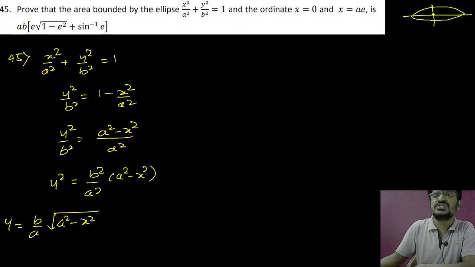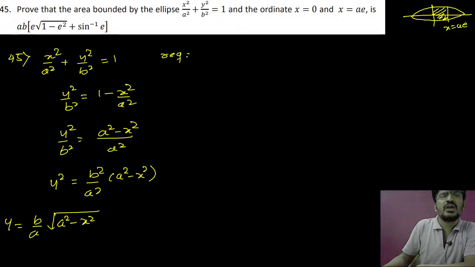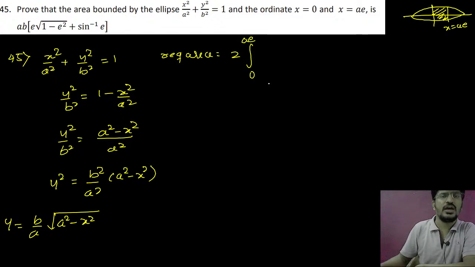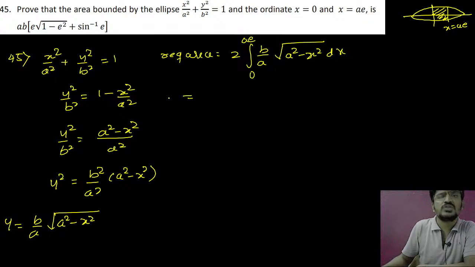From 0 to this term, that is x equal to ae on both sides. So that will be 2 times. Required area will be equal to 2 times, from 0 to ae, our function is b by a root of (a square minus x square) with respect to dx. So here this is going to be 2 times of b by a.